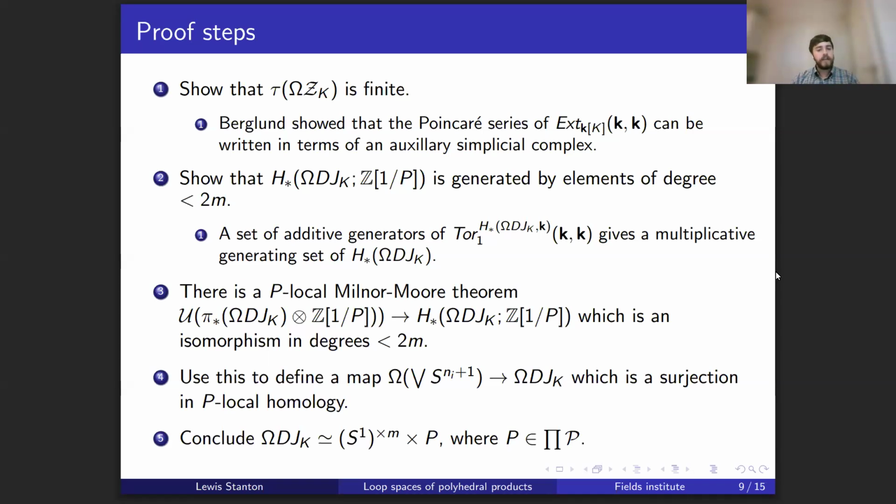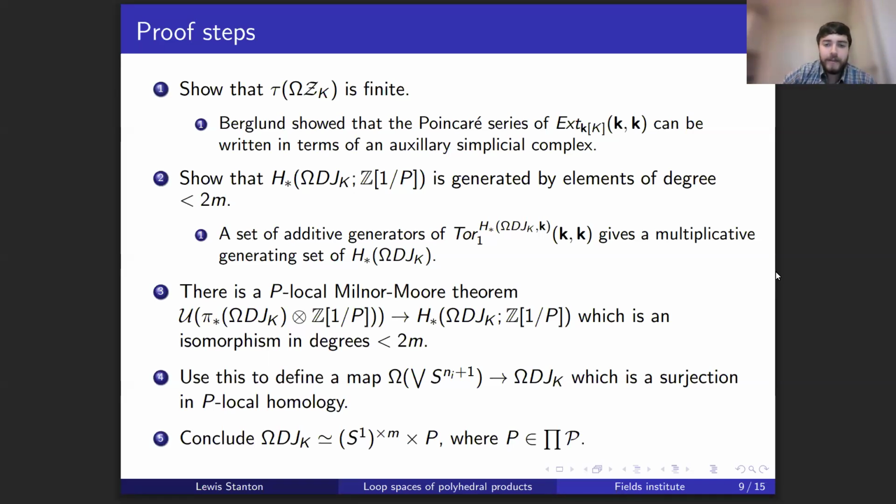And with a bit of fiddling around, you can find a subproduct of these, which will actually give you a homotopy equivalence, where in this case, we get a product of S^1s crossed with some other space, which is a product of looped spheres. And therefore, using this retraction of the loops of the moment angle complex off the loops of the Davis-Januszkiewicz space, you can conclude the same thing for the moment angle complex case.